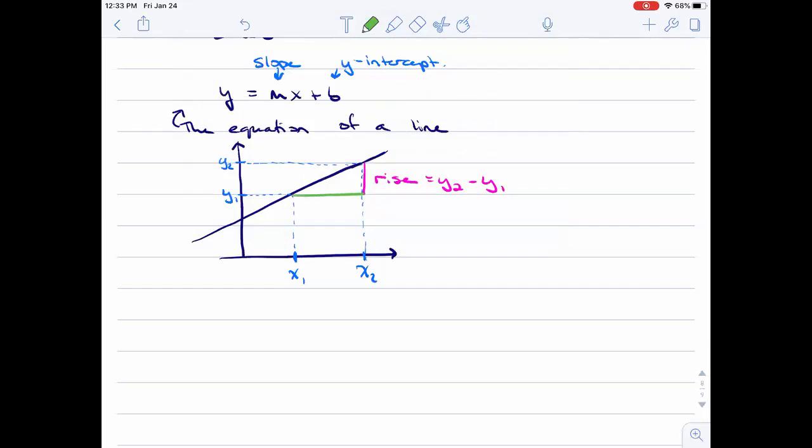This distance is the run. And so the run, same idea. If I just want the distance between x1 and x2, then I'd have to do x2 minus x1. So the run is x2 minus x1.